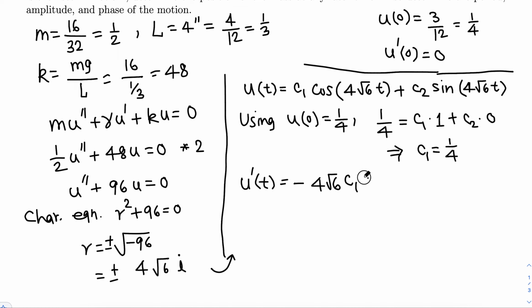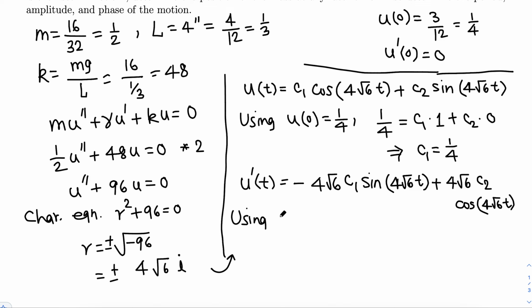Derivative of cosine is negative sine, so negative sine 4√6t, plus derivative of sine is cosine. So same thing, 4√6 C2 cosine 4√6t. Now using the second initial condition, which is u prime at 0, initial velocity is 0.